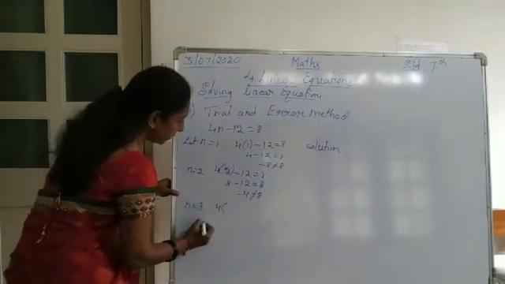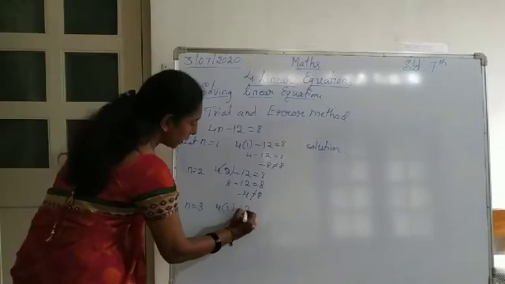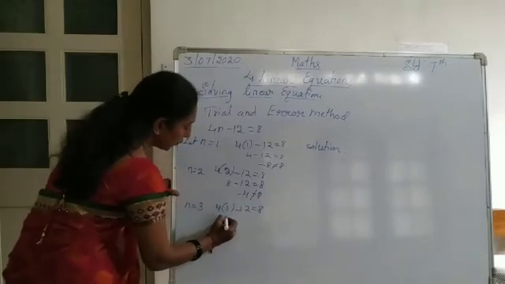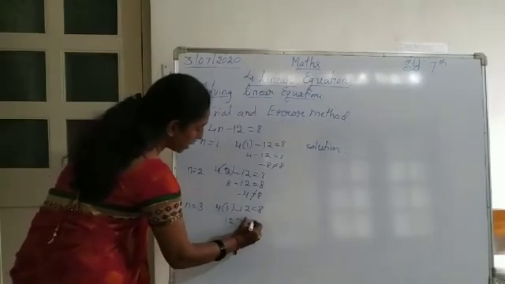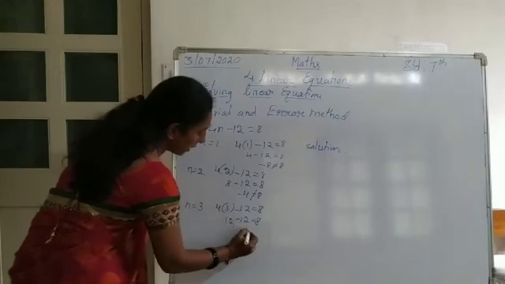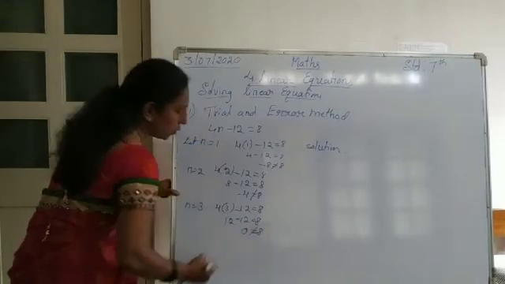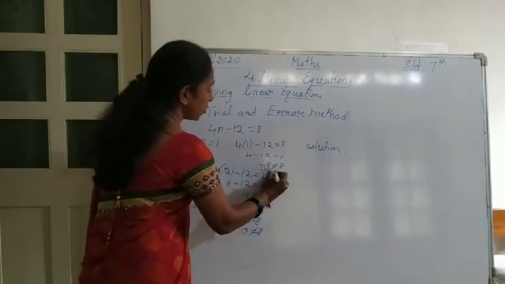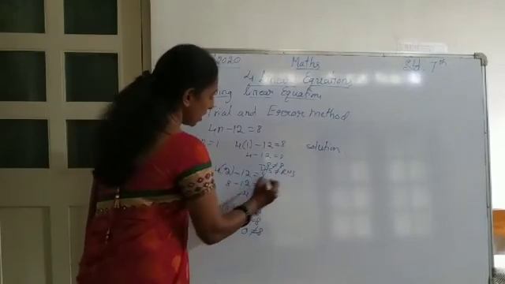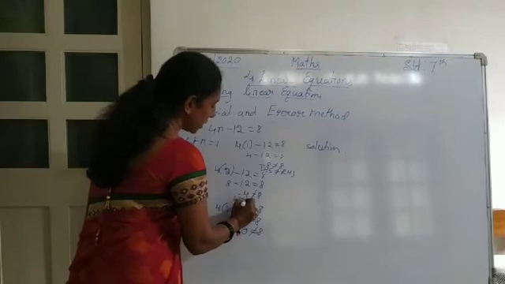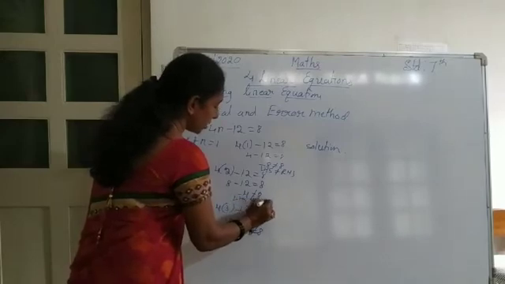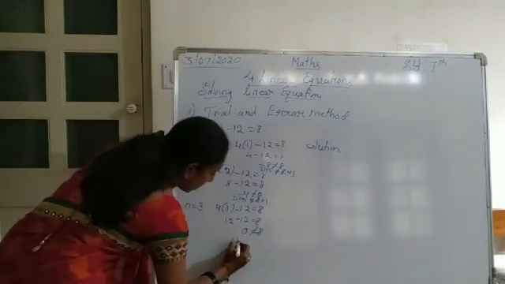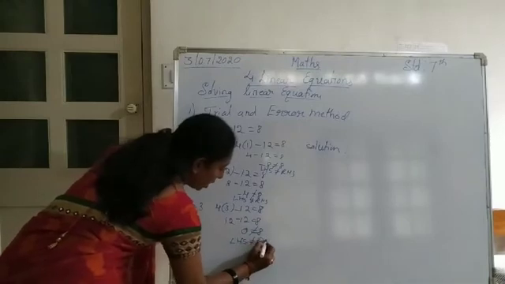Now in the same way n is equal to 3. 4 into 3 minus 12 is equal to 8. 4 3s are 12, minus 12 is 0, is equal to 8? No. So here LHS is not equal to RHS, here also LHS is not equal to RHS, and here also LHS is not equal to RHS.